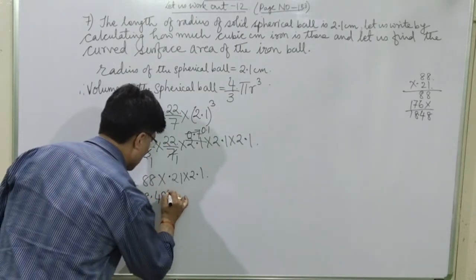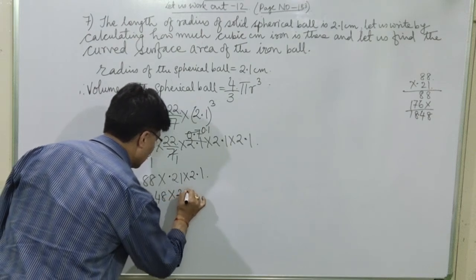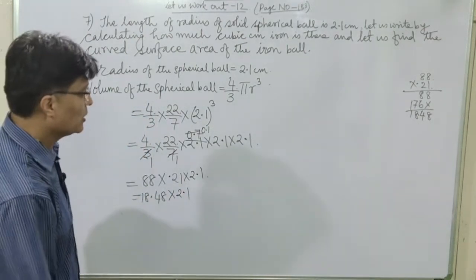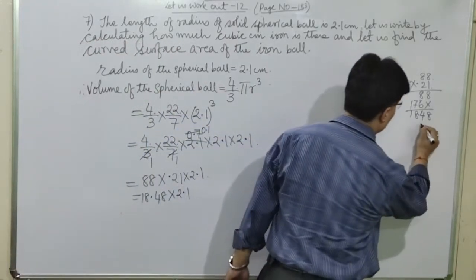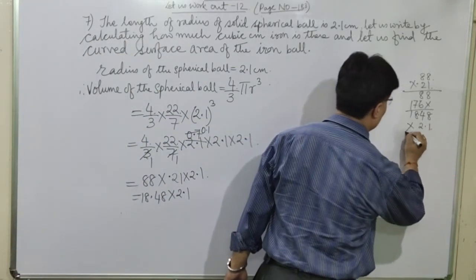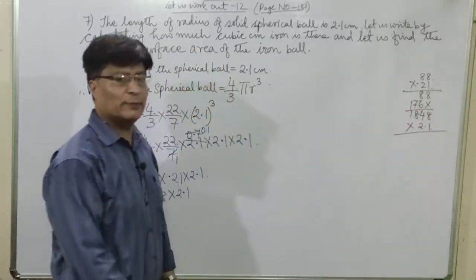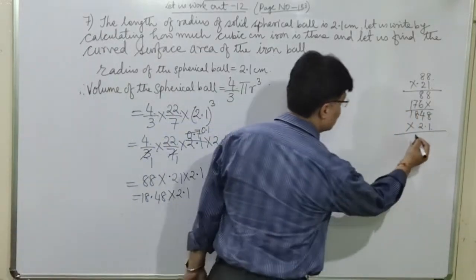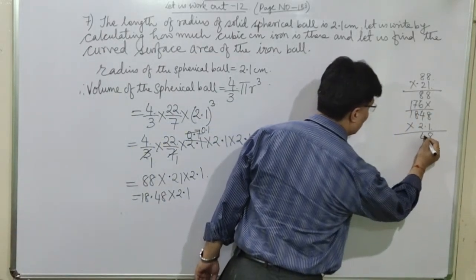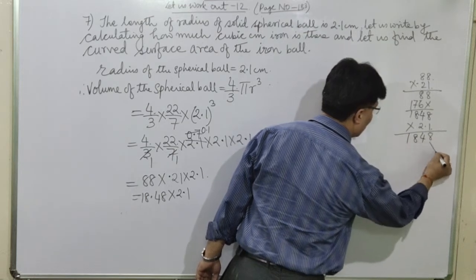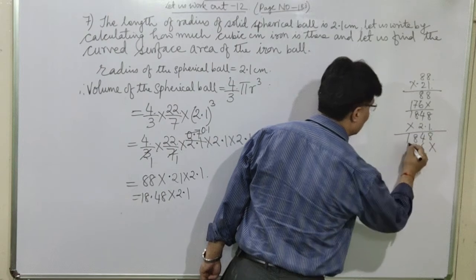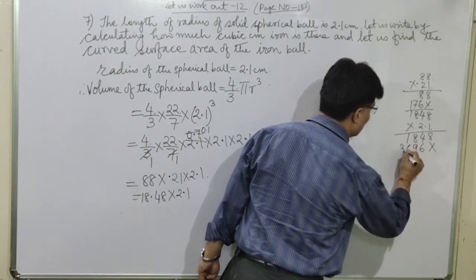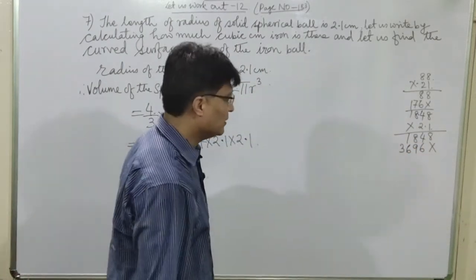Again it should be multiplied by 2.1. Okay, so again let us multiply it by 2.1. So this is 1 8s are 8, 1 4s are 4, 1 8s are 8, 1 1s are 1. 2 8s are 16, 6, 1. 4 2s are 8 plus 1 is 9. 8 2s are 16, 6, 1. 2 1s are 2 plus 3. Is that clear?